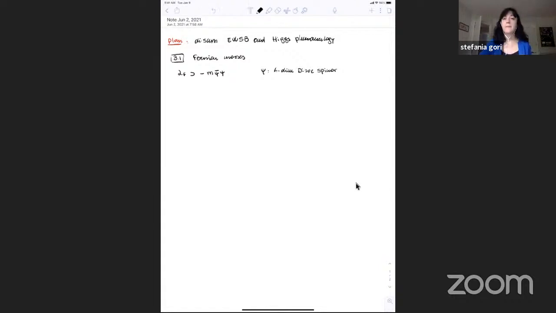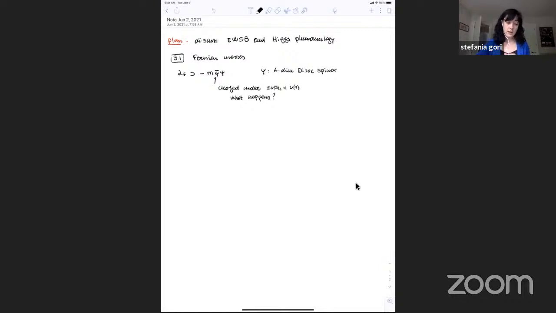But what happens if I have a fermion psi that is charged under our electroweak symmetry, so under SU(2) left times U(1)? Then what happens to the mass term?